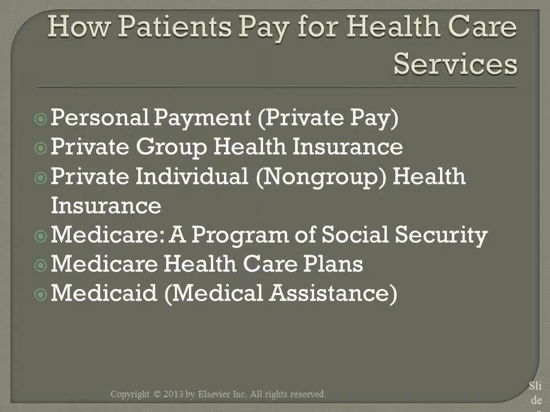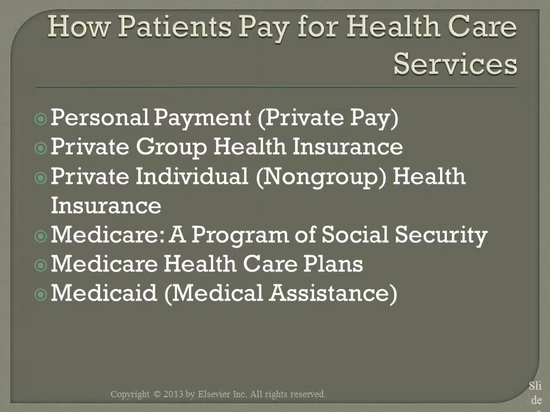There are several different Medicare plans available. Again, these are funded by the federal government. Part A is hospital insurance for inpatient hospital care. Part B is medical insurance for physician services, outpatient care, and diagnostic tests. It's the 80%, 20%.